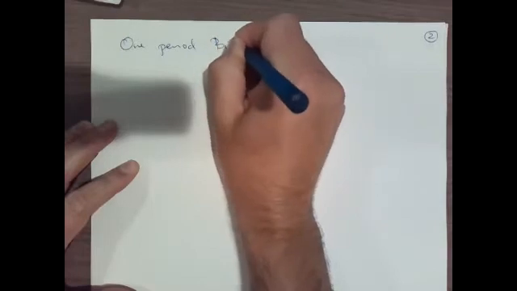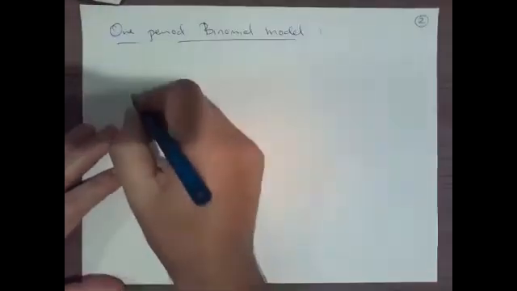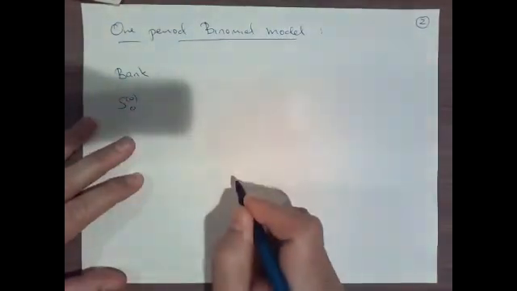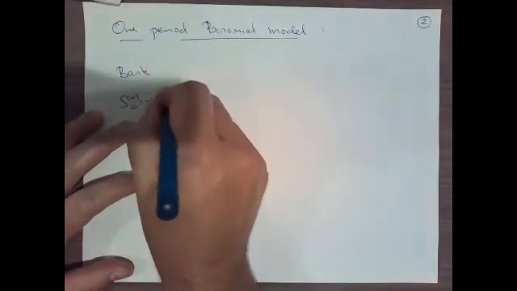Anyway, we are talking about a one-period binomial model. So remember what the inputs were. We have a bank that starts out with a value, very often just taken to be $1.